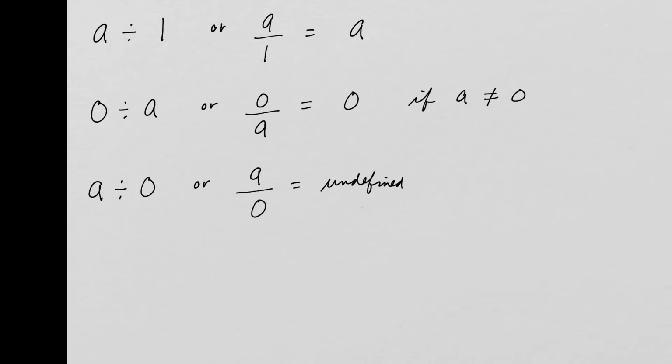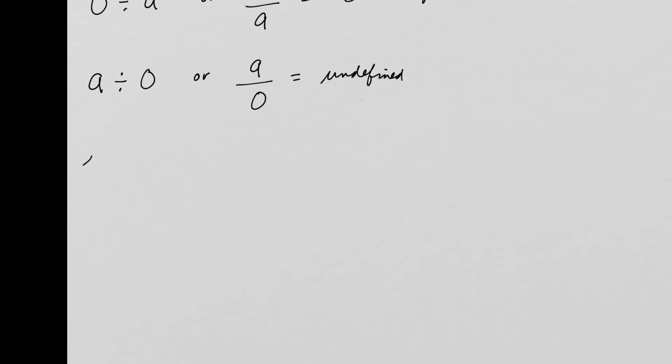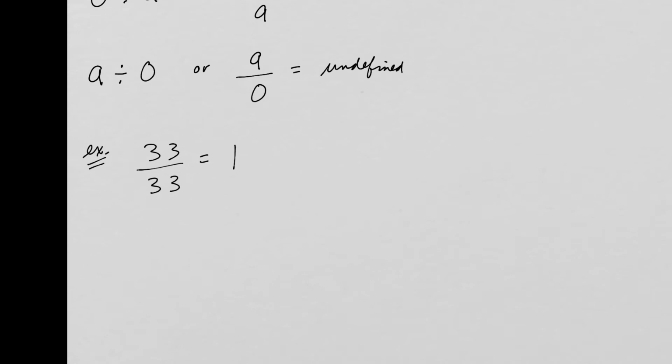So here, let's do a couple of examples. Let's say I have 33 divided by 33. So that would be the first property: anything divided by itself is equal to 1. If I have 21 divided by 1, that would be an example of the second property.